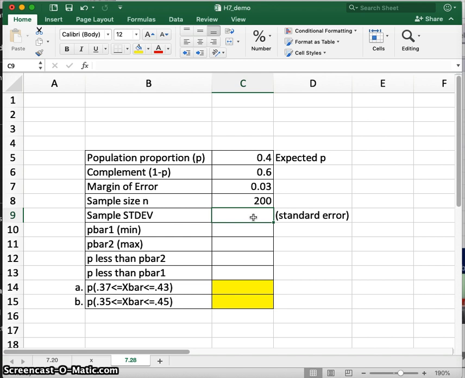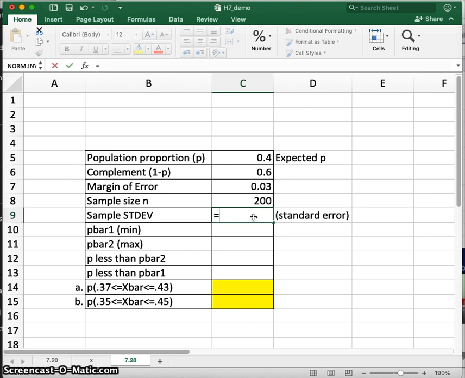Now I need to calculate the sample standard deviation, or the standard error. If you look in your book, that's the formula that says the standard error, or the sigma of the population, equals the square root of p times 1 minus p over n. That may sound complicated, but it's really very simple.